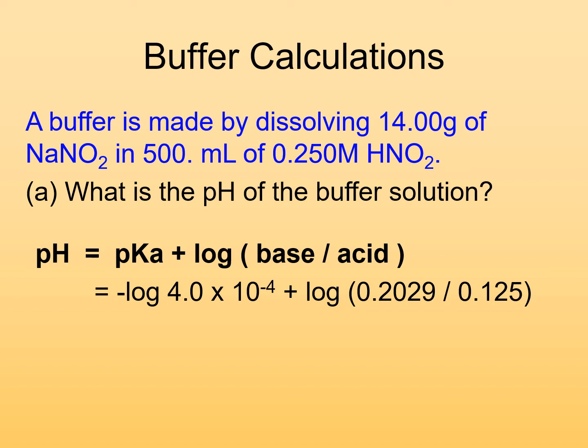Plug that in the calculator, and we get a pH equal to 3.61. So yet again, we found moles of both, plugged it into our Henderson-Hasselbalch equation, and solved using the calculator.